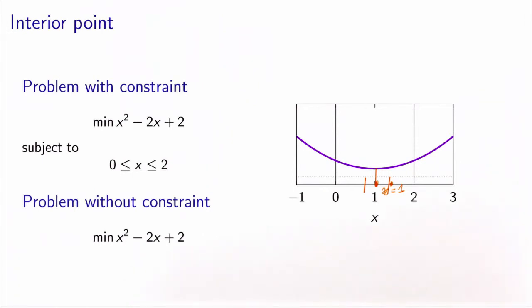And in this case, somehow, they don't play any role at the solution. So we don't have an equivalent problem, so to speak, because there are some feasible solutions of the second problem which are not feasible for the first one, like x equals 3, for example. But both problems have the same optimal solution. And so sometimes it will be convenient to ignore constraints that are not active in order to simplify the model formulation.